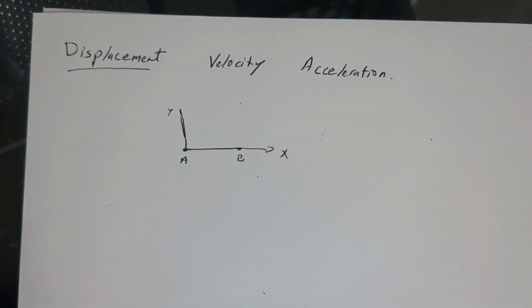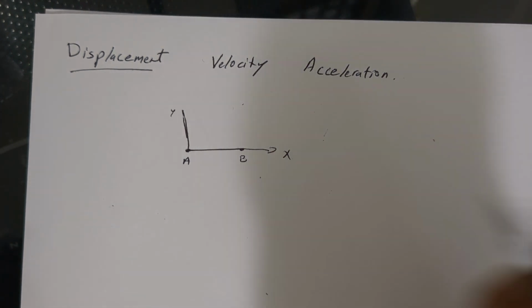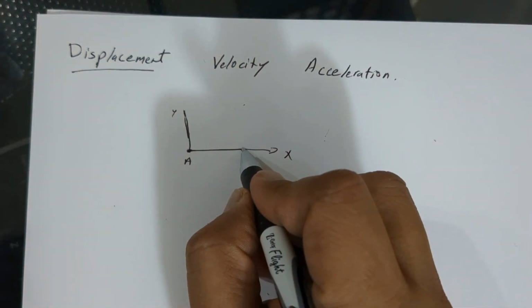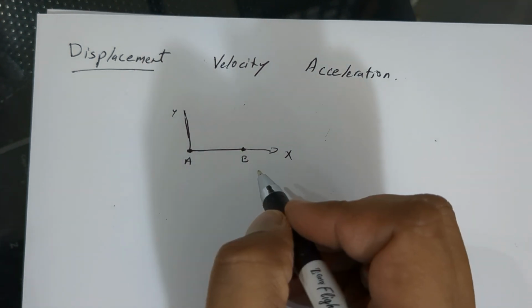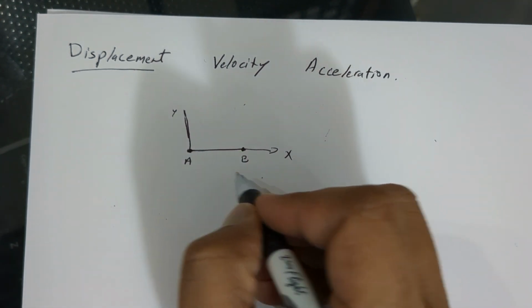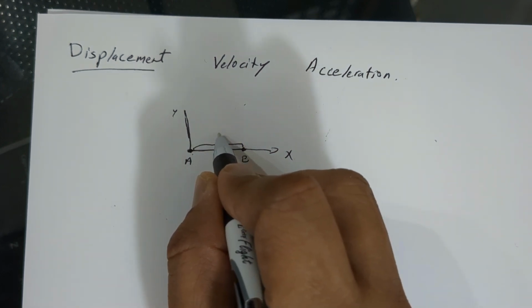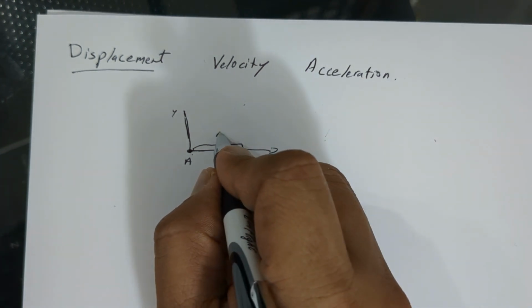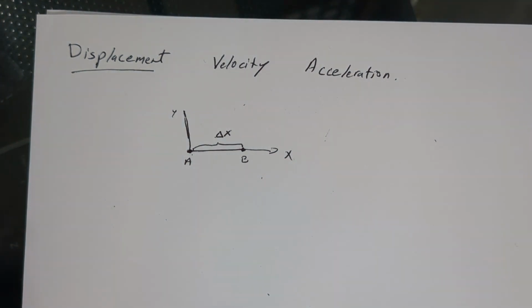That's typically, our starting point is 2D. So the displacement here, when you went from point A to point B, is this right here, is your total displacement, right? And we'll call it delta X, okay?